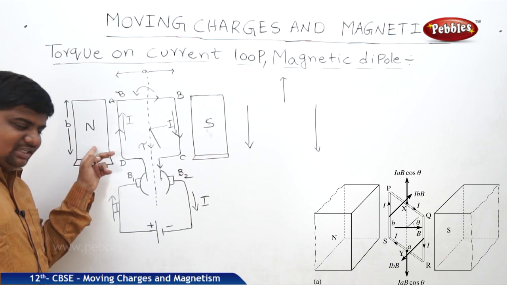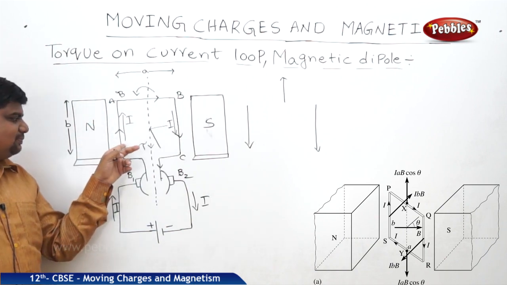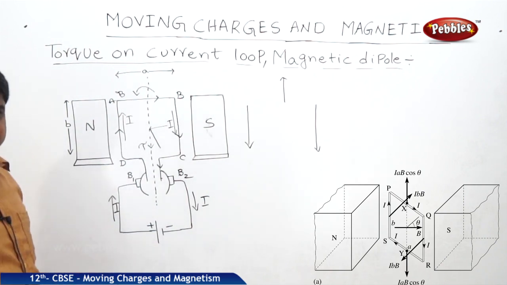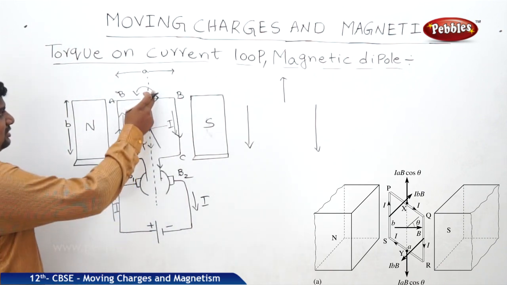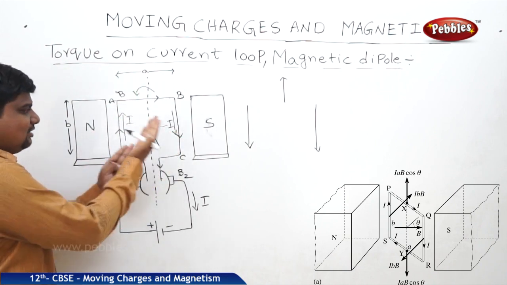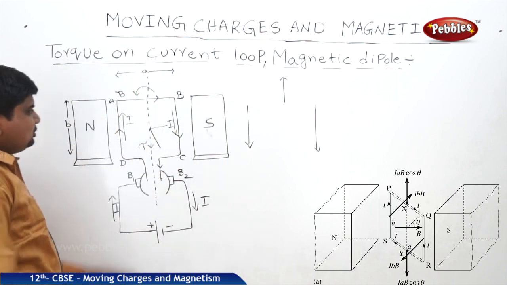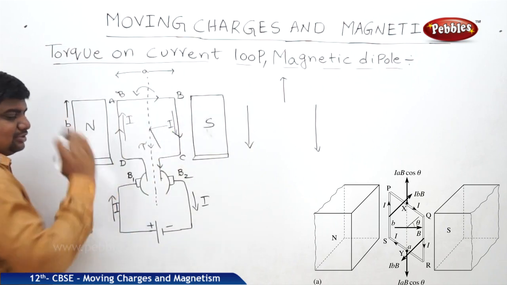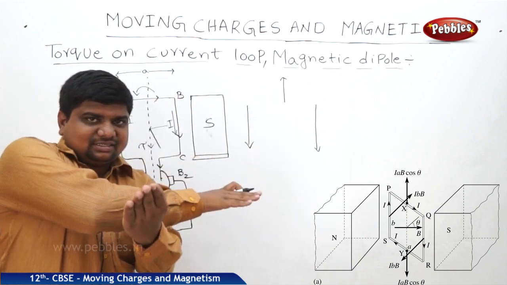Because of its high pole strength, this north pole and this part of the armature coil experience the repulsive force. Because of this repulsive force, see the arrow mark, this arrow mark gives the direction of rotation of the armature coil. So AD goes to this side and BC comes to this side. So like this, a phase shift.